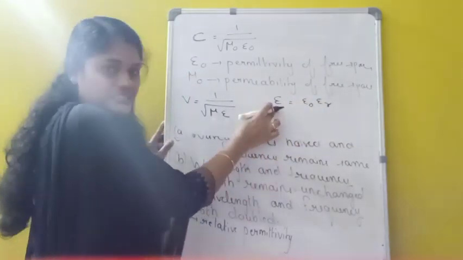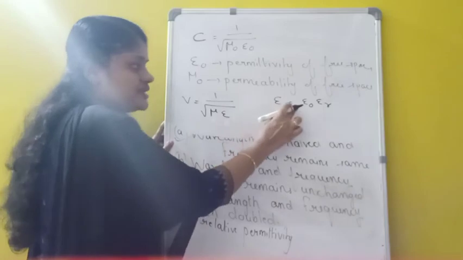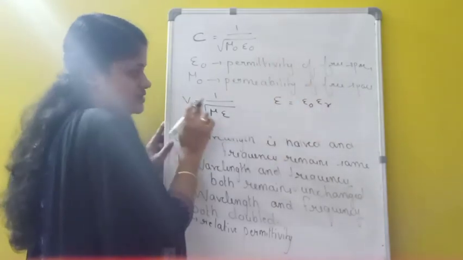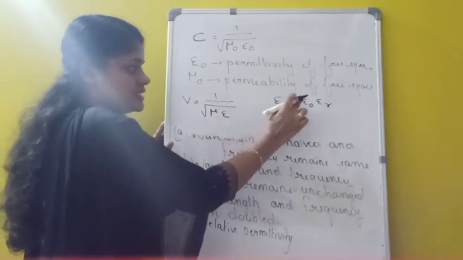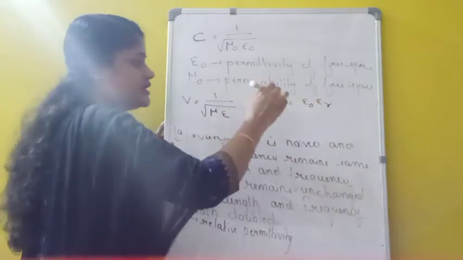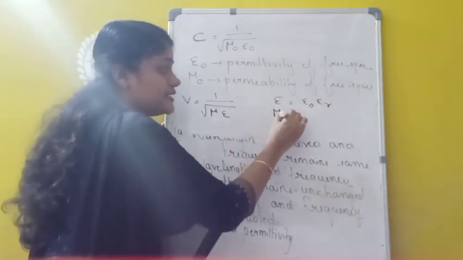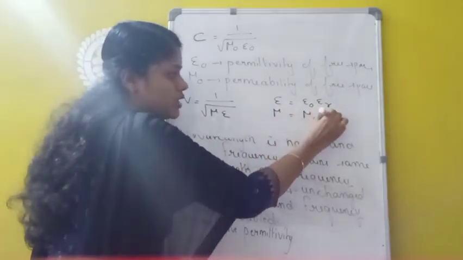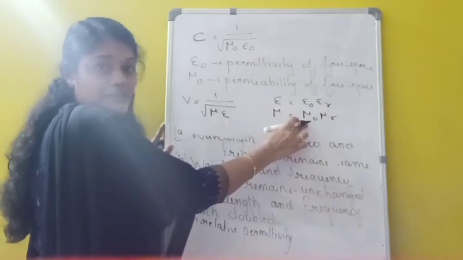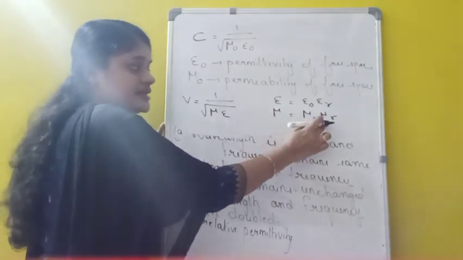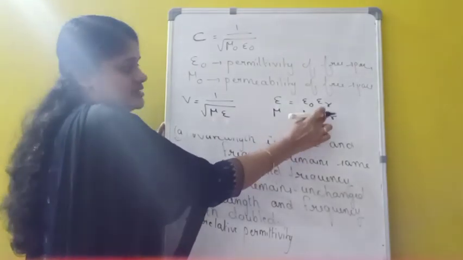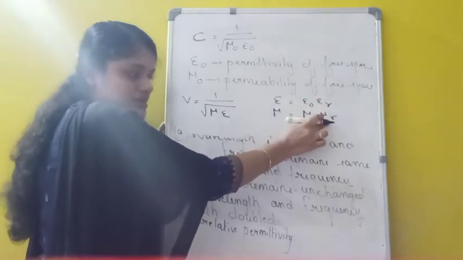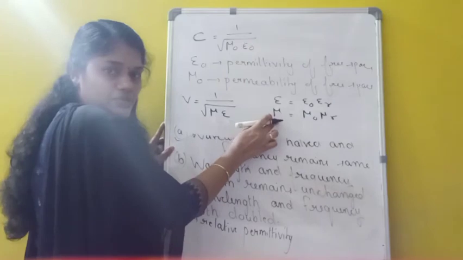That means the permittivity of the medium equals permittivity in free space into relative permittivity. Instead of epsilon, we can now write epsilon 0 into epsilon r. Similarly, permeability mu can be written as mu 0 into mu r. Mu 0 is the permeability in free space and mu r is the relative permeability. Epsilon r is the relative permittivity.